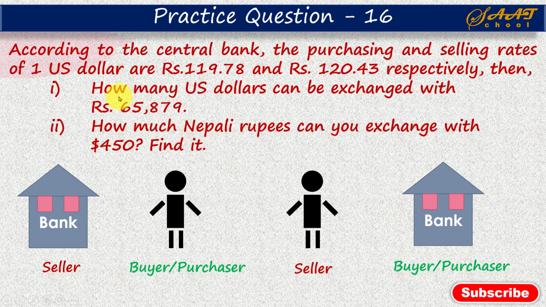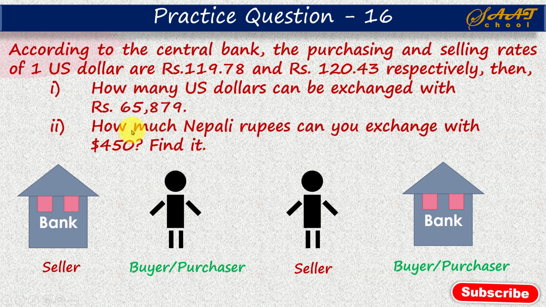The first question is, how many US dollars can be exchanged with 65,879? Here you are going to buy US dollars with this amount, 65,879. That's why you are the buyer, going to buy US dollars from the bank. If you are the buyer, then the bank becomes the seller. That's why the bank uses the selling rate, which is 120.43 for this question.